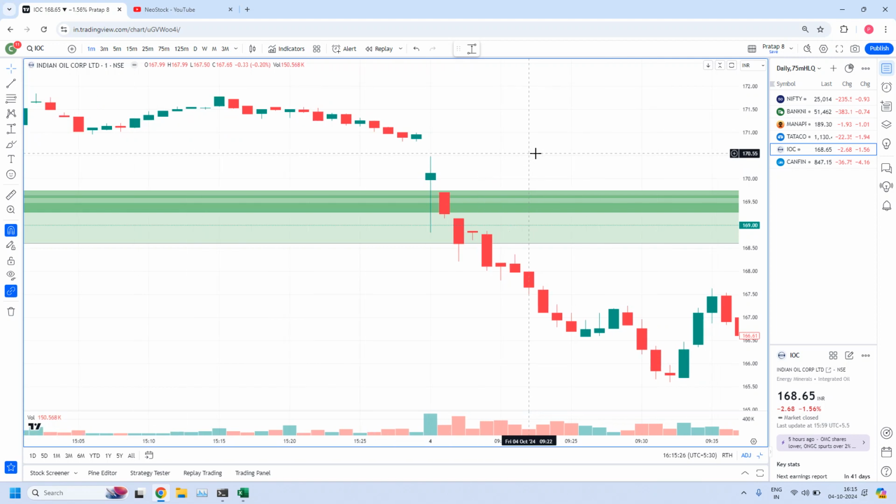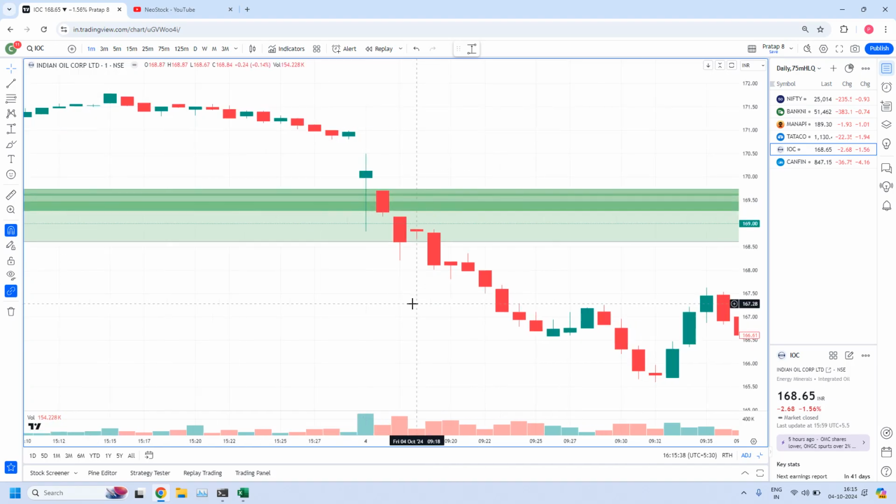That's why many times we say avoid trading on the morning 9:15 candle. We get clarity if there is any gap up or gap down, and we won't get huge losses. After that we plan. See, the morning 9:15 candle opened, sharply came down, moved up again, and then further went down. All actions happened within this.